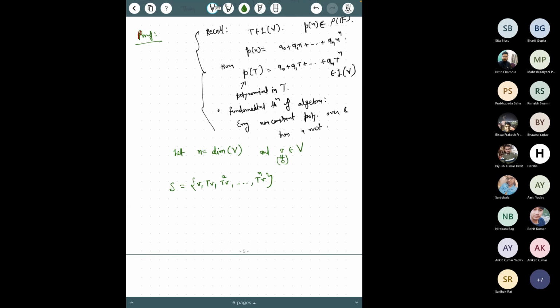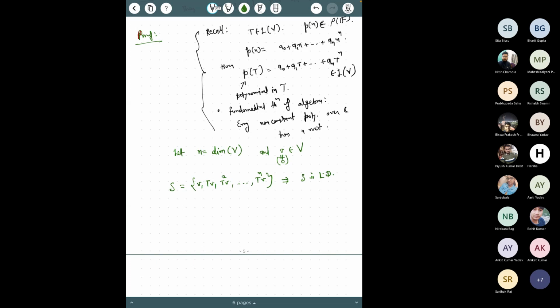What is the dimension of V? Sir, linearly dependent, because there are n+1 vectors. Yes, there are n+1 vectors and the dimension of V is n, so it cannot be linearly independent. So this set is clearly linearly dependent.